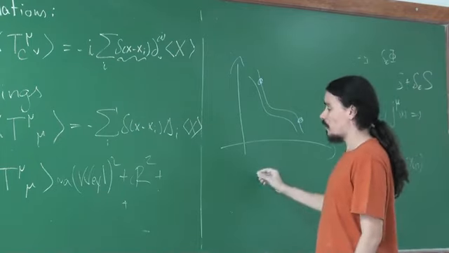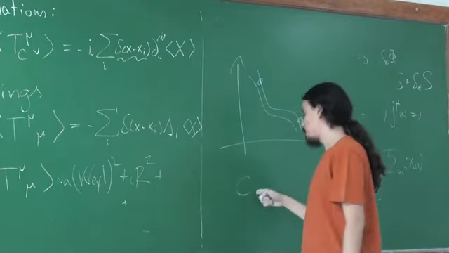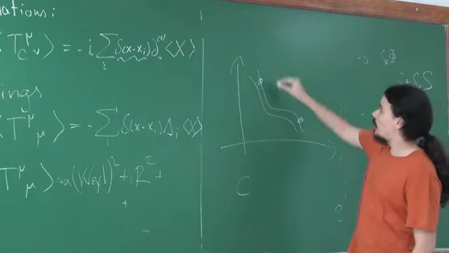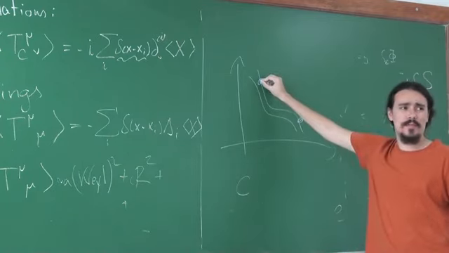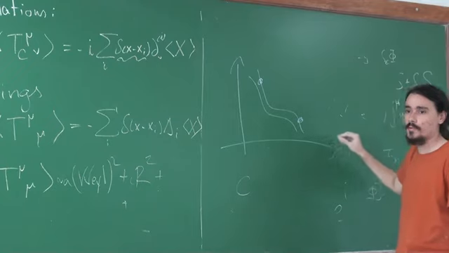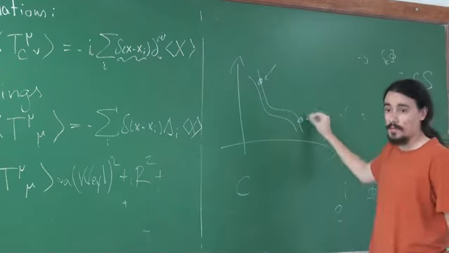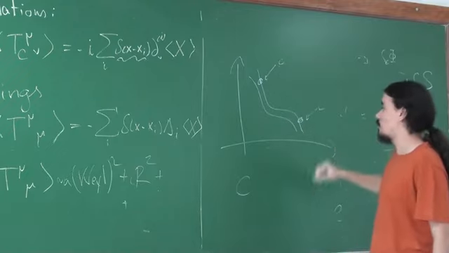It says you can construct a function, which is called C, which decreases monotonically along the RG flows, and at the fixed points, the value of this function coincides with the central charge. Okay?